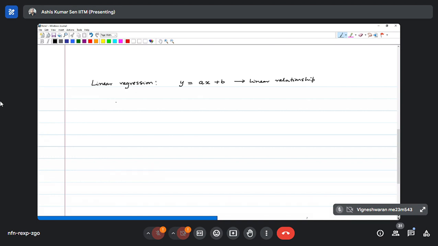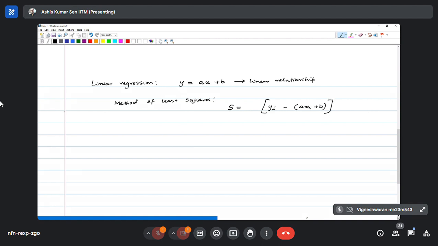So by method of least square, you find out S as the actual data point yi minus axi plus b.